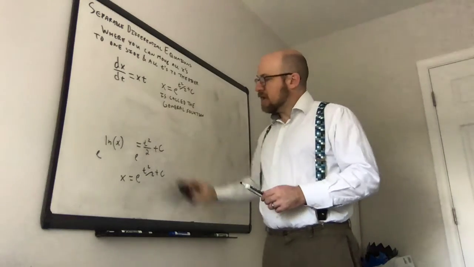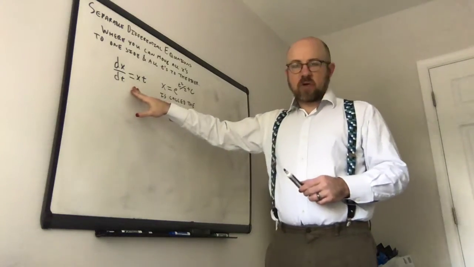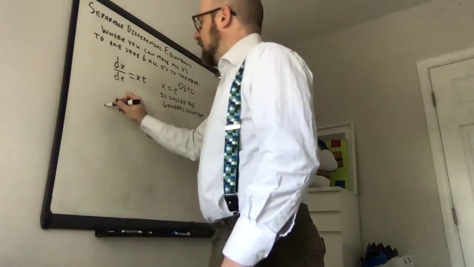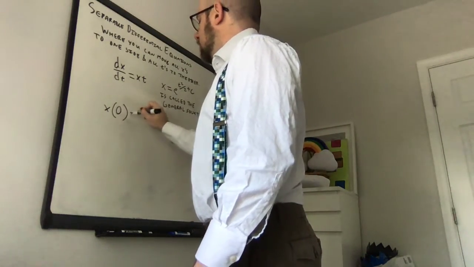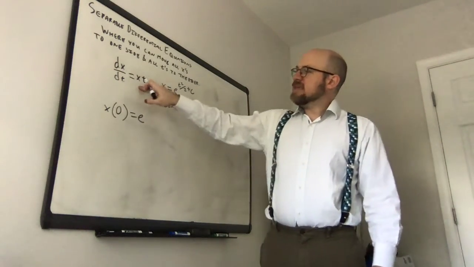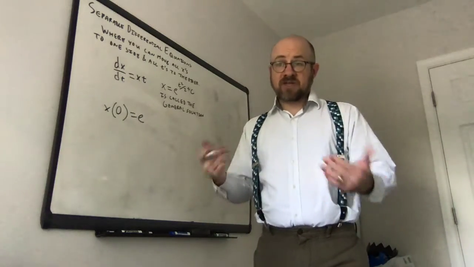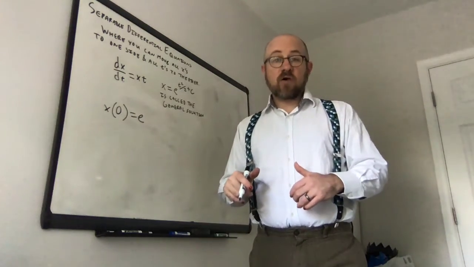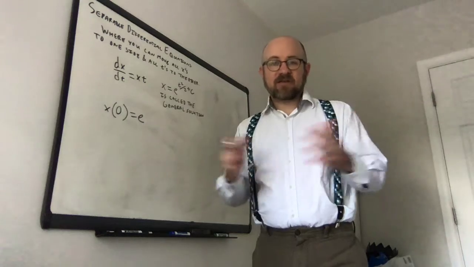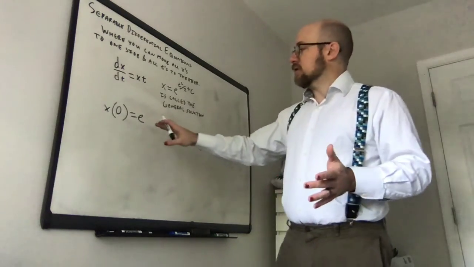If you have an initial value, if in addition to the differential equation, you're also given something like x of 0 equals e, some initial value, these two together are called an initial value problem. It's what we usually see in a mathematical model because we know that it fits a particular pattern and we know where it's starting. And so that's generally what we're going to see.